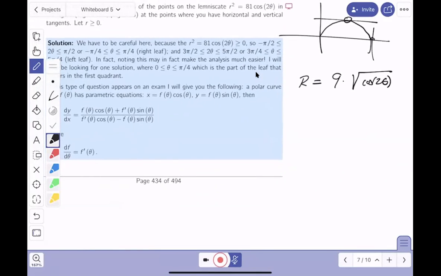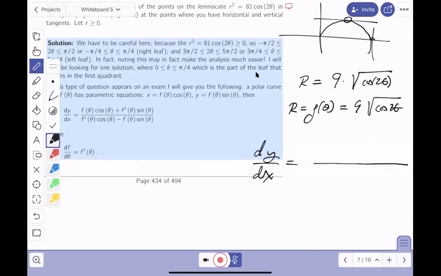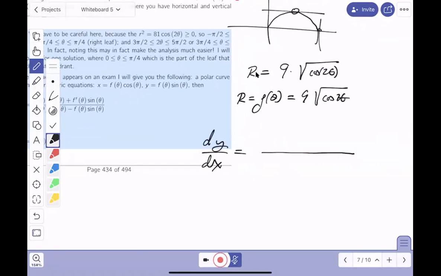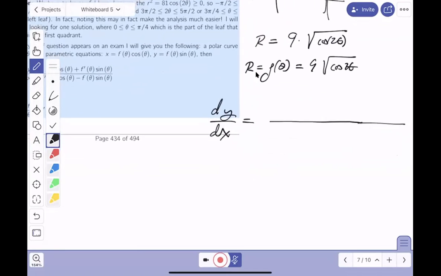I'm going to say r is a function of theta, and that's going to be 9 root cosine of 2 theta. So I'm going to put down dy dx. Remember, the formula has been given to you in the prior problem. If this is an exam question, you need to look it up. Just look it up. That's all you have to do.